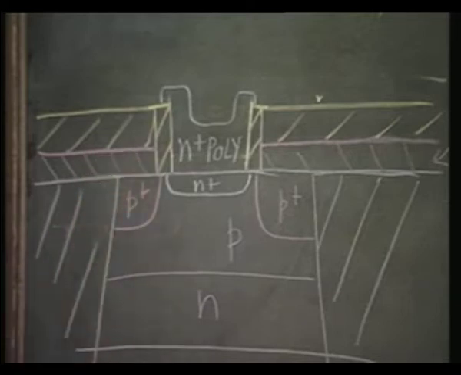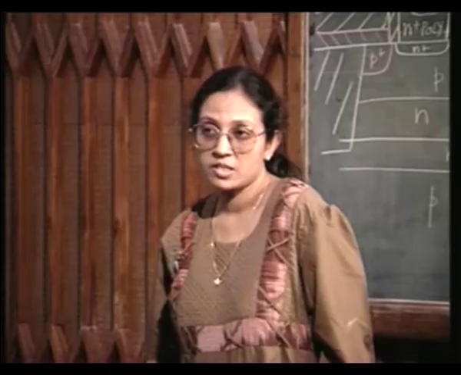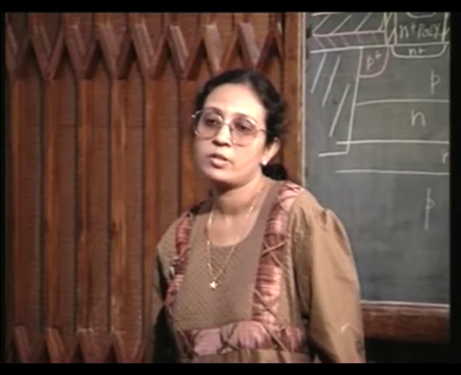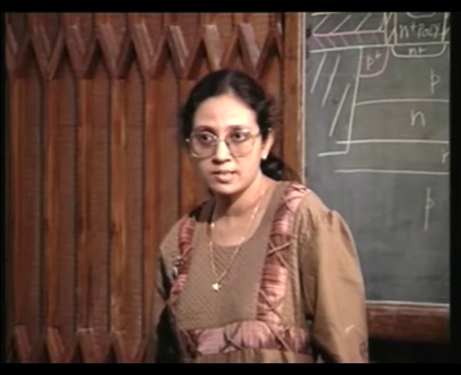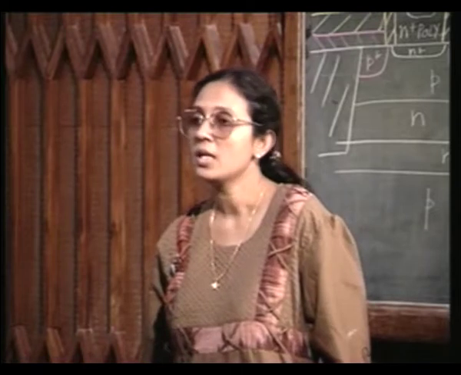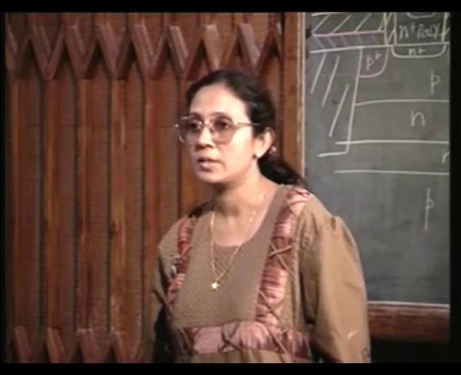So, this P plus poly layer itself is going to serve as your base contact. Considerable area saving, you have all your requirements, you have reduced the extrinsic base resistance, you have self-aligned the extrinsic base to the emitter, you have realized your poly emitter transistor.